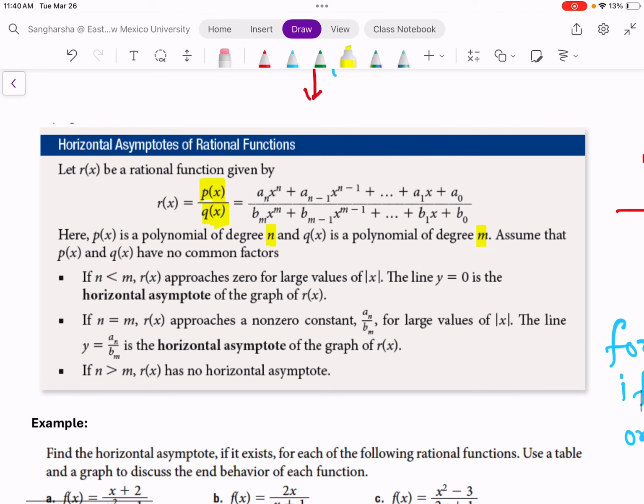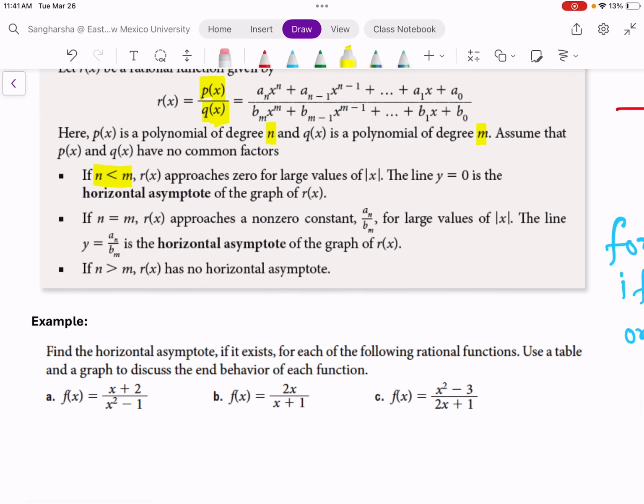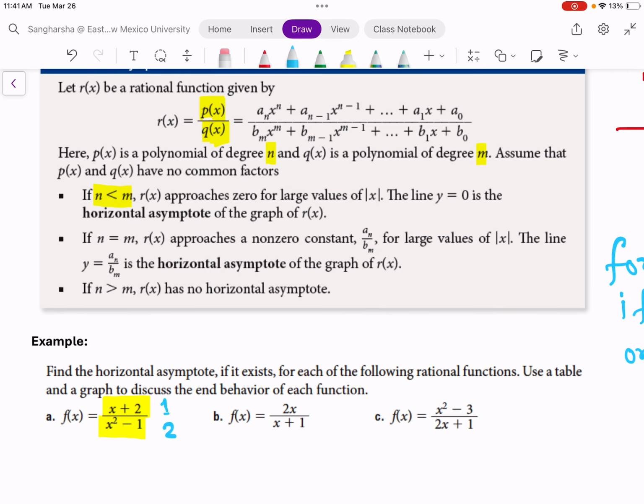If the degree of the numerator is less than the degree of the denominator, for example, here is example 1. What is the degree of the numerator here? Can you tell me? 1. And what is the degree of the denominator? 2, right? So in this case our numerator degree is less than the denominator degree.